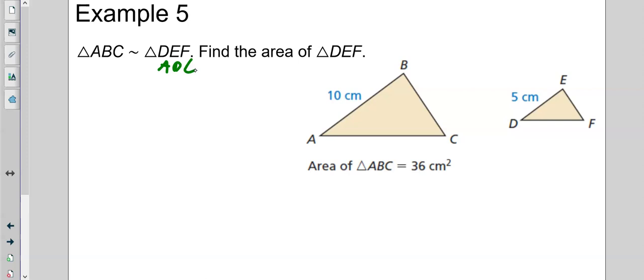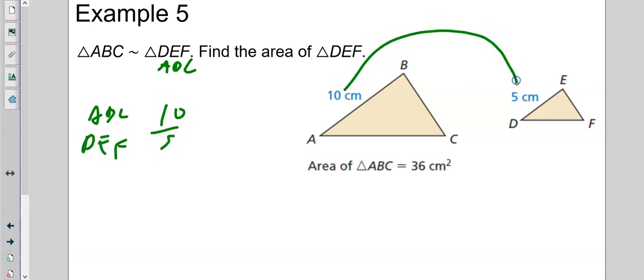okay? ABC over DEF, that proportion is 10 over 5 because these two sides correspond, AB and DE, all right? Now, what is that? That is 2 over 1 or just simply 2. So that's the ratio of the sides, okay?